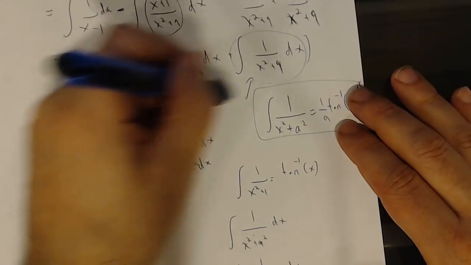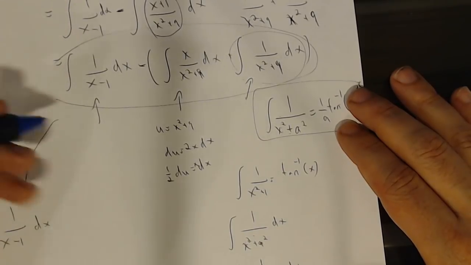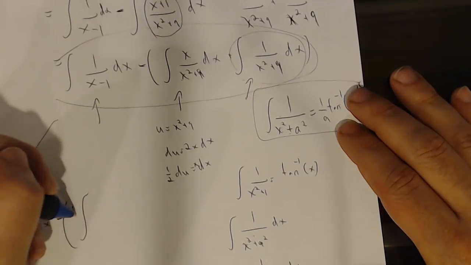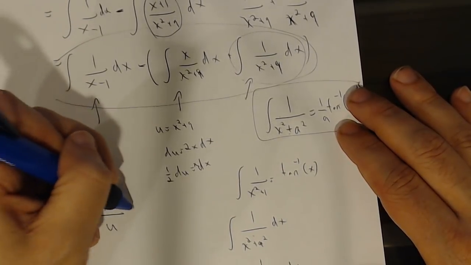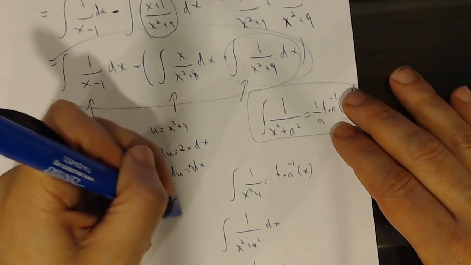So let's grab this whole thing and rewrite it down here. The integral of 1 over x minus 1 dx minus the integral of, we're using u sub, so there'll be 1/2 here, 1 over u du plus the integral of 1 over x squared plus 9 dx.